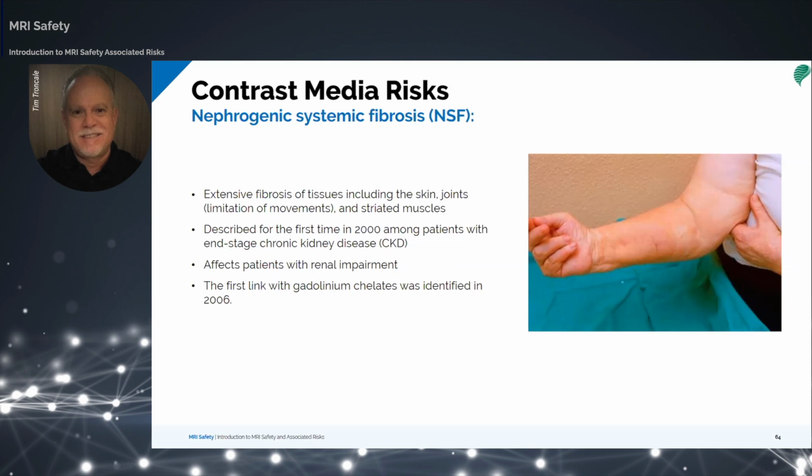The first case of NSF was documented in 2000, and in 2006, a link was identified between injections of IV gadolinium-based contrast agents, or GBCAs, in MRI and renal impairment. This disorder can be very serious if it affects the muscles of the lungs and the diaphragm, as well as the heart.